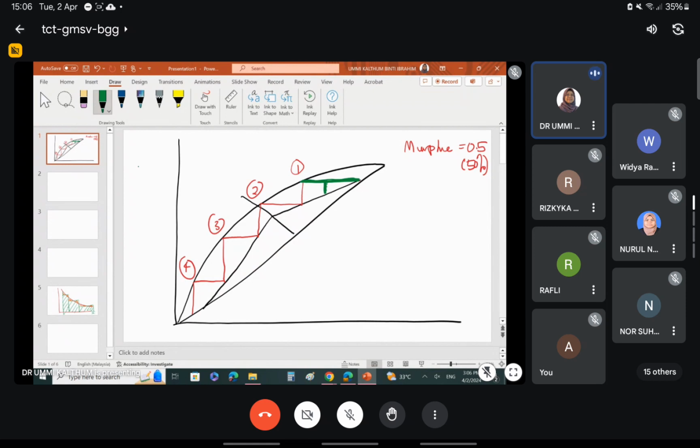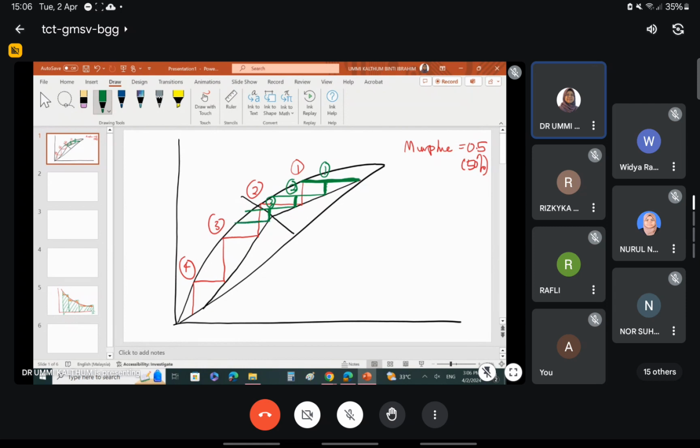Okay, so this one. Boleh? So pergi ke equilibrium line balik. So ambil tengah. This one is stage 2. Okay. Ambil tengah lagi. This one is stage 3.